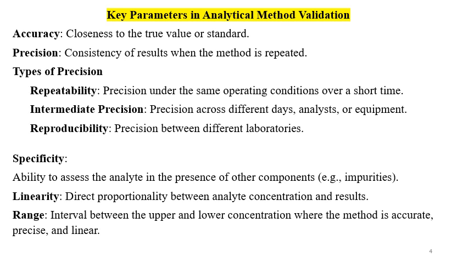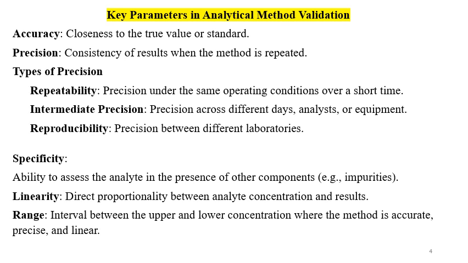Accuracy is the closeness to the true value or standard, how accurate the results are. Then precision is the consistency of results when the method is repeated. Types of precision: repeatability, precision under the same operating conditions over a short time; intermediate precision, precision across different days, analysts or equipment; reproducibility, precision between different laboratories.